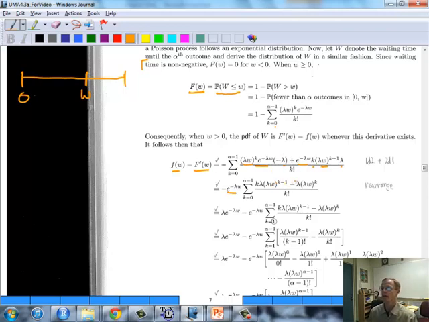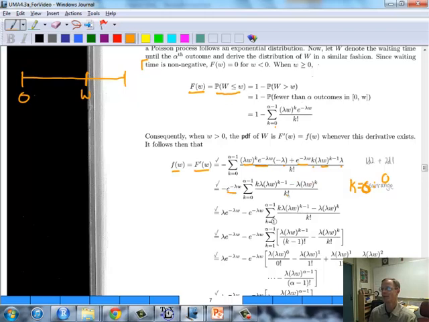Okay, next up, the big move is we're going to take the k equals 0 case. K equals 0, this term's going to go out, so that's going to give me a 0. And this term here, that k is going to go to 0, so this whole term goes to 1.